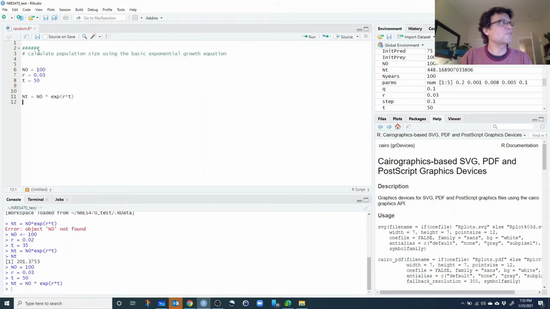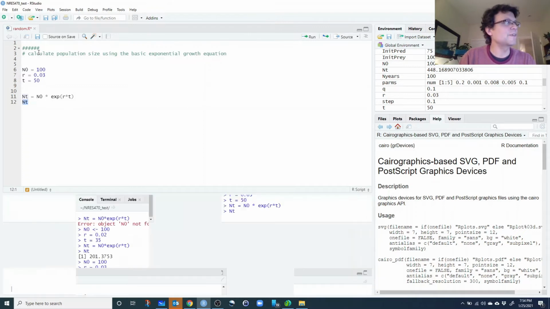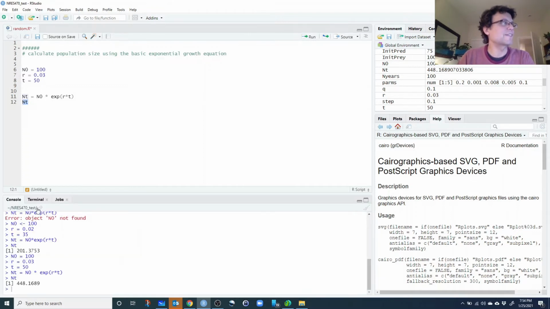I'll run that equation, and let me write out this Nt, the variable that I just defined here. If I highlight that and hit Control Enter in RStudio, it'll spit back the number that is represented in this variable Nt.